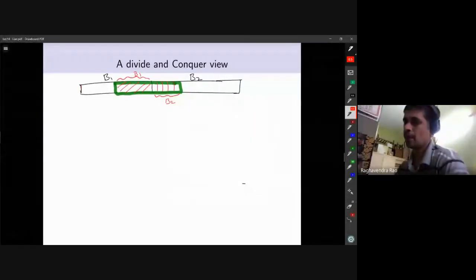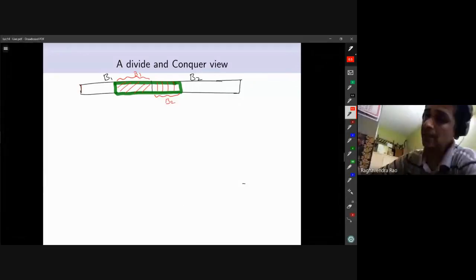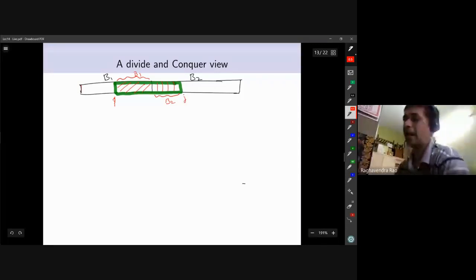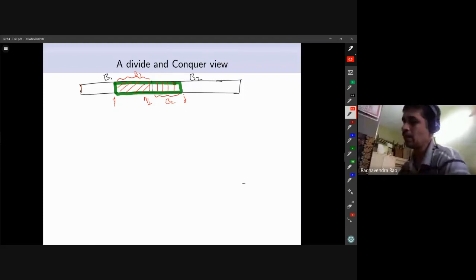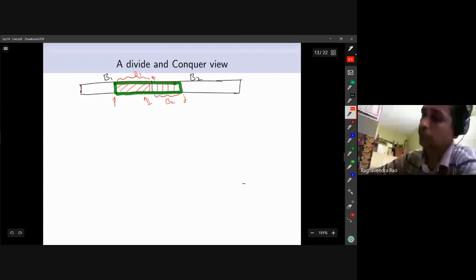So for any such i, j, that is a subarray which starts in B1 and ends in B2, you can split it into two subarrays. One is completely within B1. Where does it end? It ends at position n by 2. And the other one is completely in B2. Where does it start? It starts at position n by 2 plus 1.